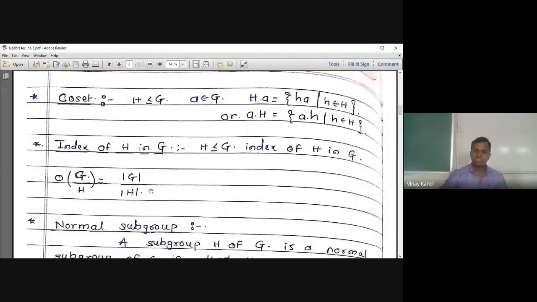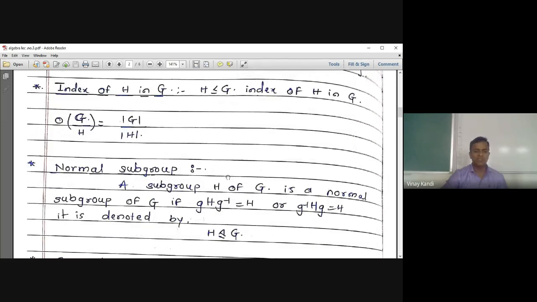For example, G is the set of integers and H is the set of even integers, which is a subgroup of G. Then what is the index of H in G? Infinite upon infinite, you can't find it now. But the index of H in G is 2. There are two cosets, for the set of even integers and the set of integers.